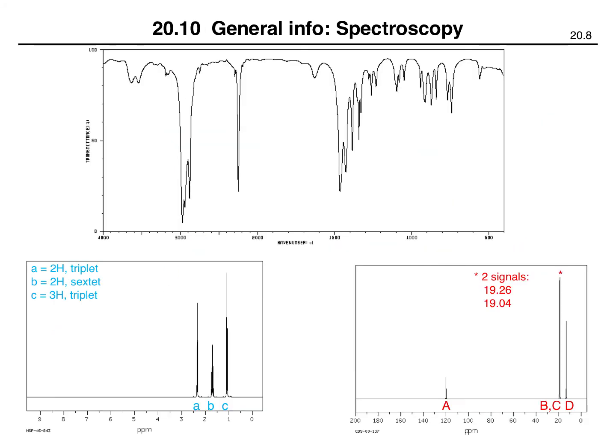Here we have another example, and we don't have a carbonyl. We do have some sp3 CHs, and we have a signal here a little over 2200. So just looking at this, it's not clear whether this is an alkyne or a nitrile.